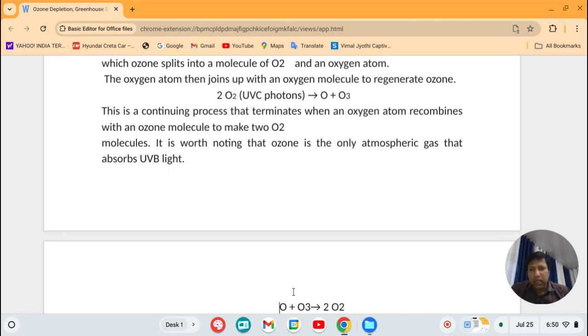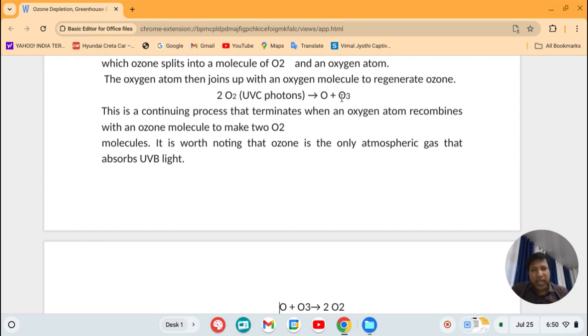It is worth noting that ozone is the only atmospheric gas that absorbs UVB light. This ozone absorbs UVB and will be converted into O2.